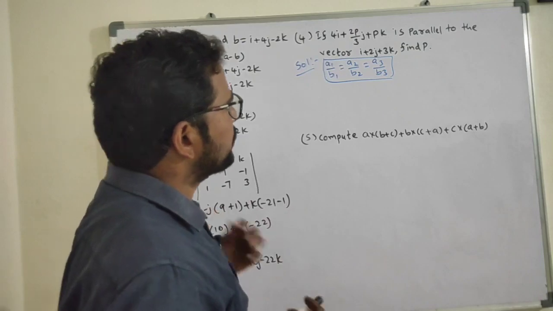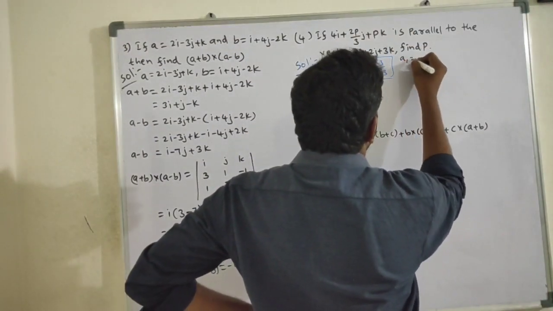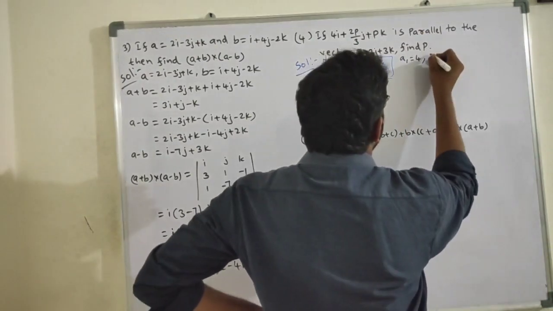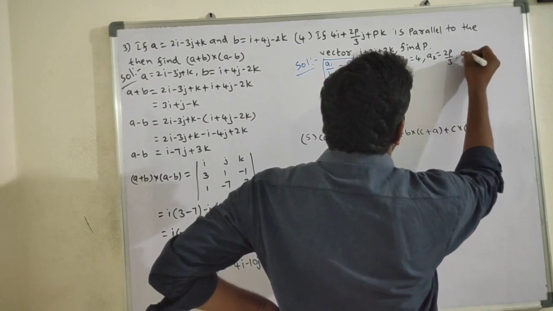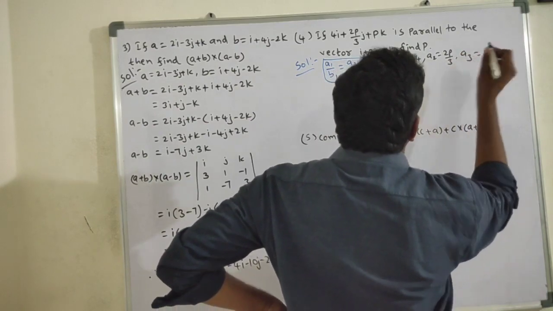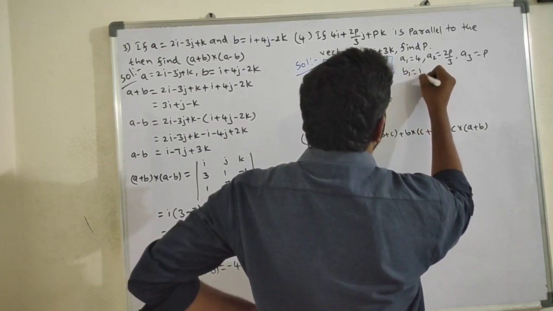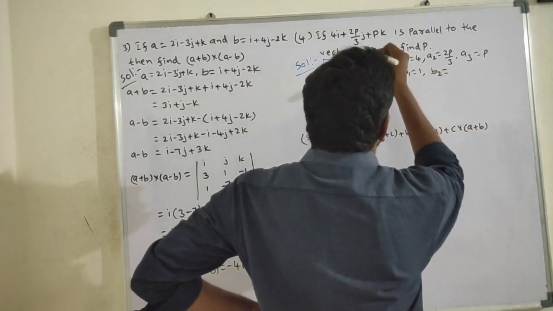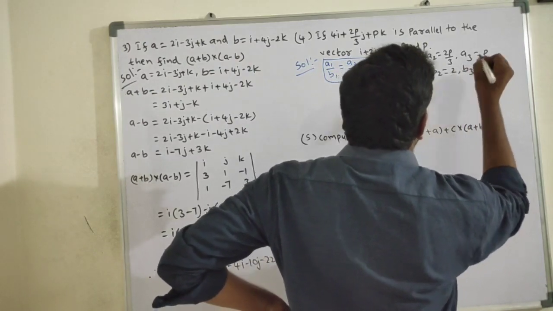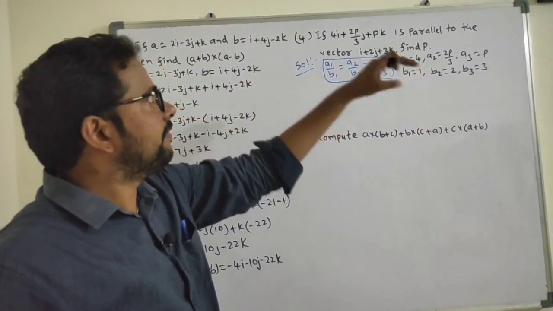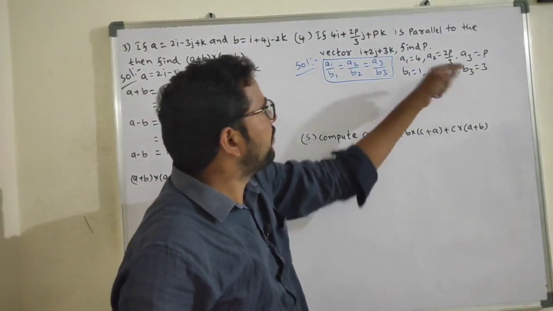Now substitute the values. Here a1 is equal to 4, a2 is equal to 2p by 3, and a3 is equal to p. From the second vector, b1 is equal to 1, b2 is equal to 2, and b3 is equal to 3. a1, a2, a3 are from the first vector and b1, b2, b3 from the second vector.